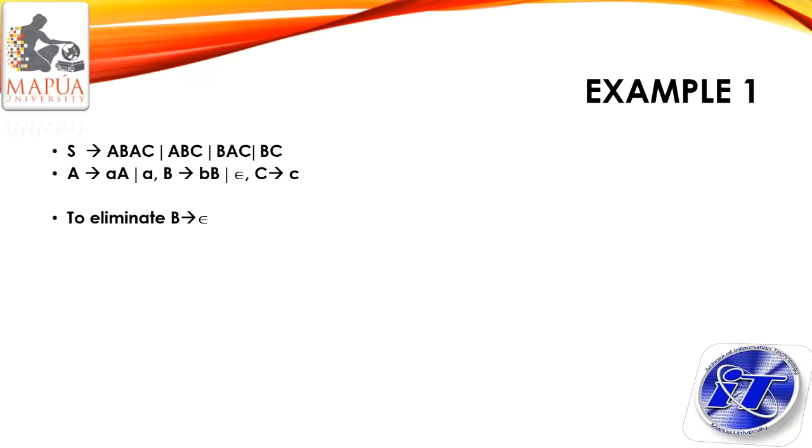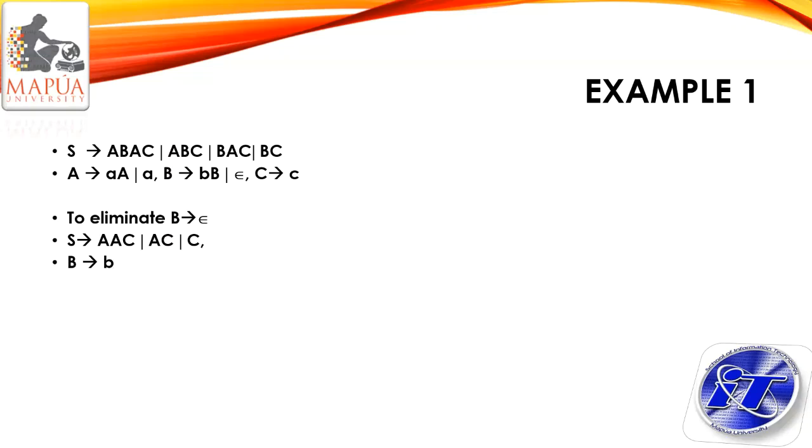And we also have B yields to bB. Let's start with the start symbol. By removing B here, we have AAC. Removing here, we have AC. Removing here is still AC, but here it's just C. So that will be for S.